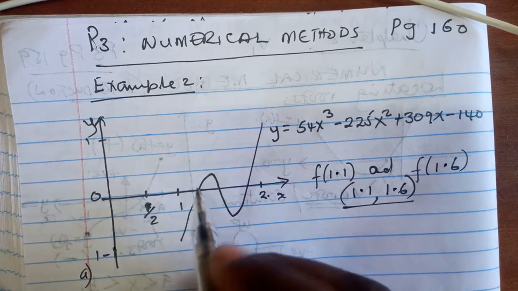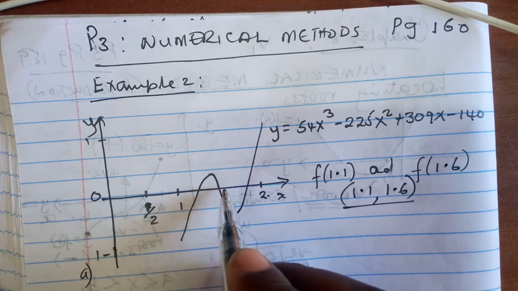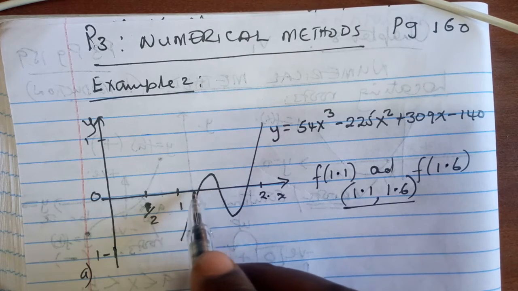Well, if 1.1 is here and 1.6 is there on the diagram, we could be having at least 2 roots.